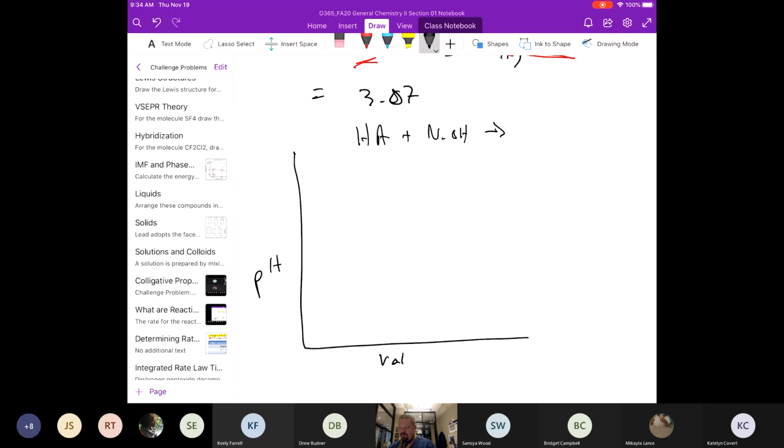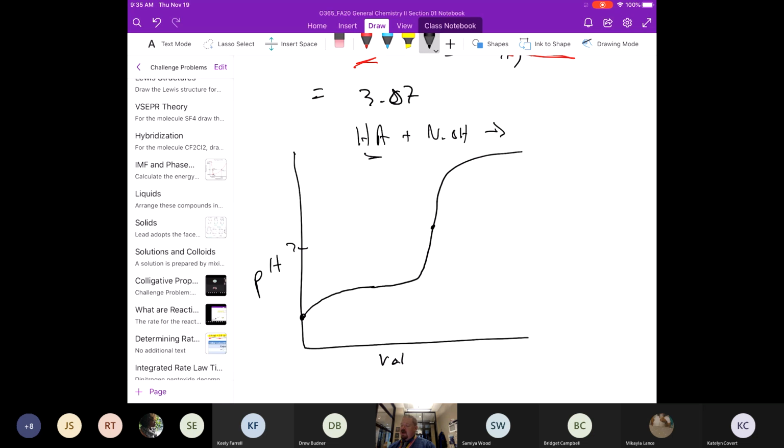Then our initial pH is going to be low because this is an acid, so our initial pH is going to be below 7. And as we start adding this base, we're going to start increasing the pH. And it's going to go until we get to a point where it's going to jump up, and the equivalence point is going to be the inflection point here.